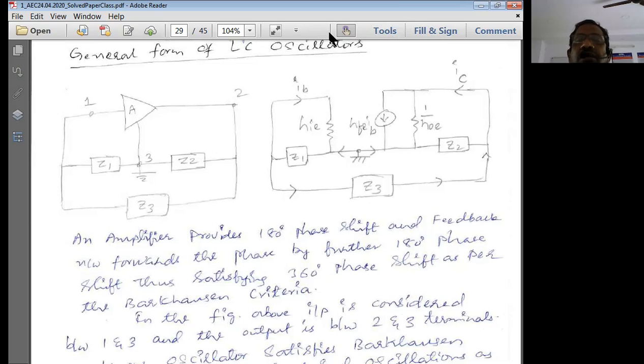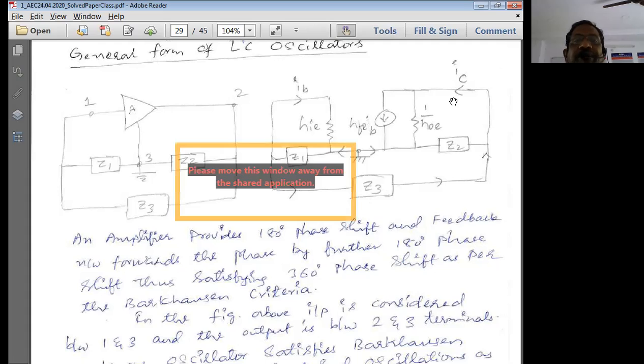Therefore, you should know how to derive the expressions. The care I am taking is only to show you the derivation part, because the derivation part is the toughest part for us to go through.